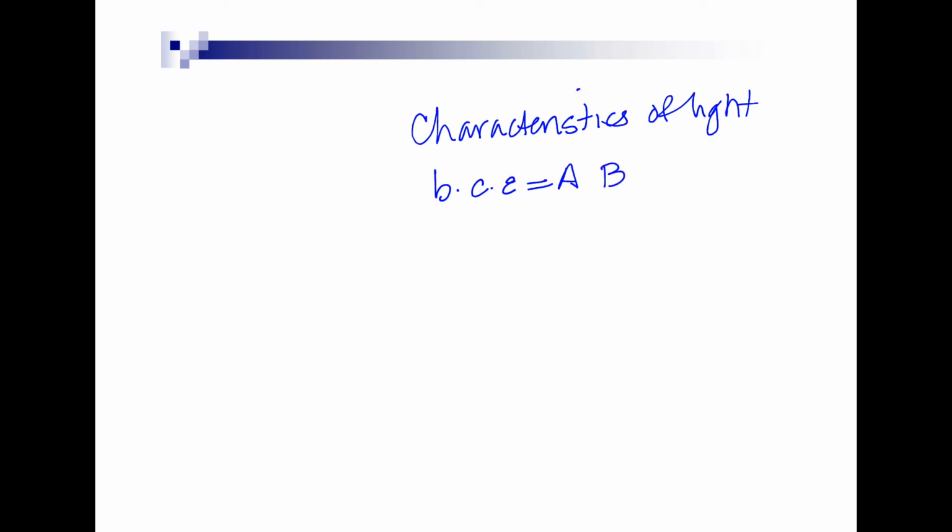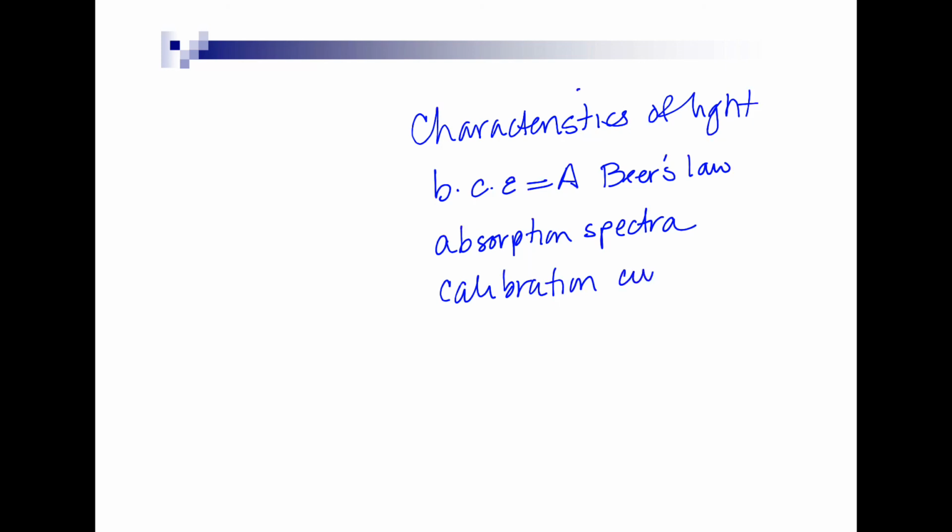That is called Beer's law. We talked about absorption spectrum and how you can use different wavelengths to monitor different compounds. We kind of touched on calibration curves. And we also talked about how you can do some math.